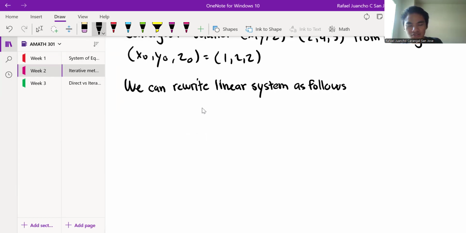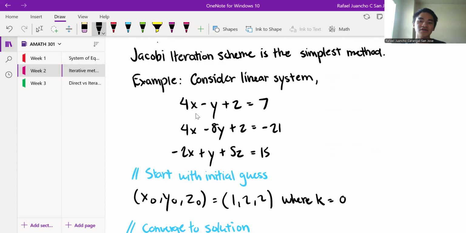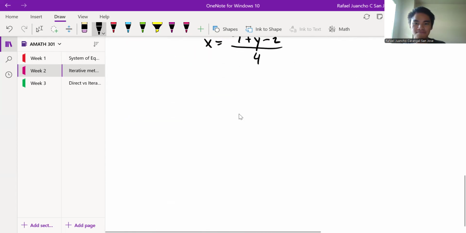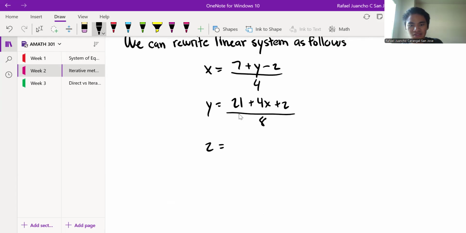Here we're saying x is now equal to 7 plus y minus z, all over 4, right? Because from here we isolated x in terms of y and z. I'm going to do the same thing for the others. So y is now 21 plus 4x plus z all over 8, and my z is now 15 plus 2x minus y all over 5.